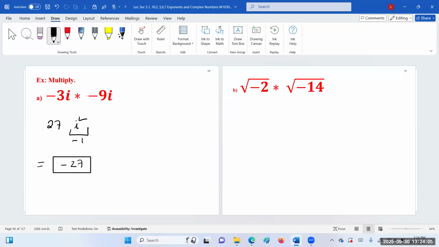The 14, is it positive or negative? So are you allowed to multiply -2 and -14? We cannot, because they're negative. We can only multiply positive radicals, not negative radicals. So multiplication is out of the question. It cannot do that. So how do you start them?